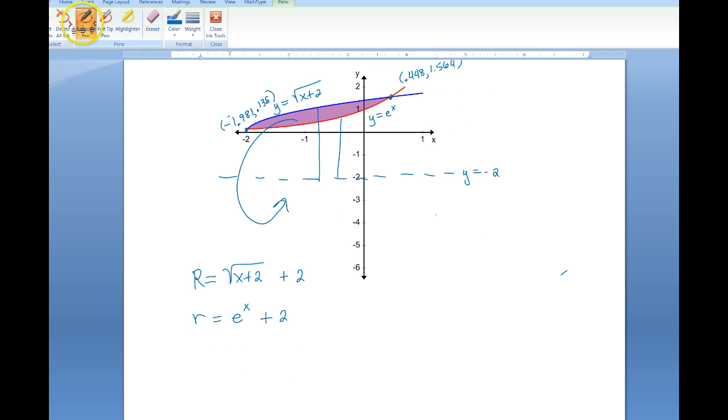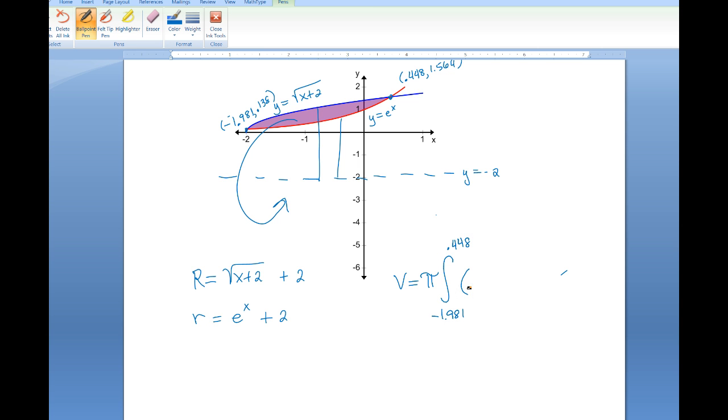Okay, let's set it up. What would it look like for the volume? So we have pi. What are our bounds? Good. Negative 1.981 to 0.448.